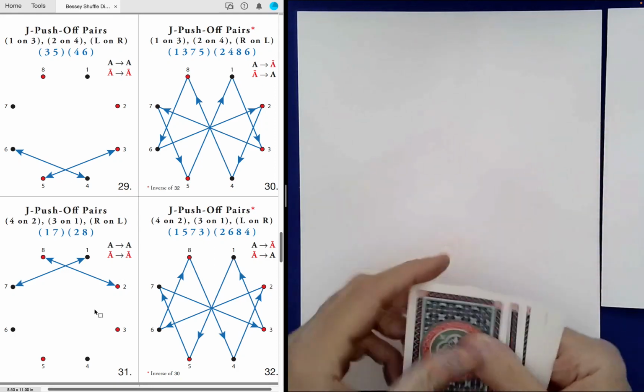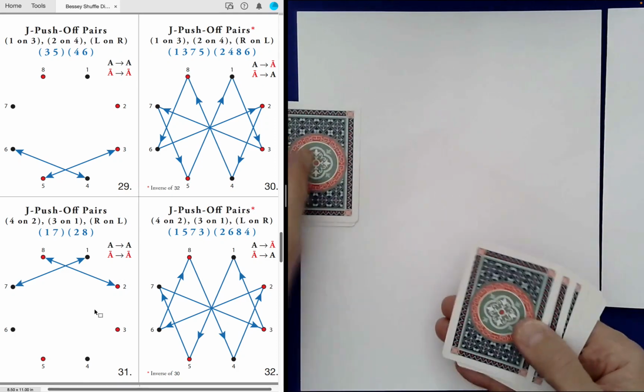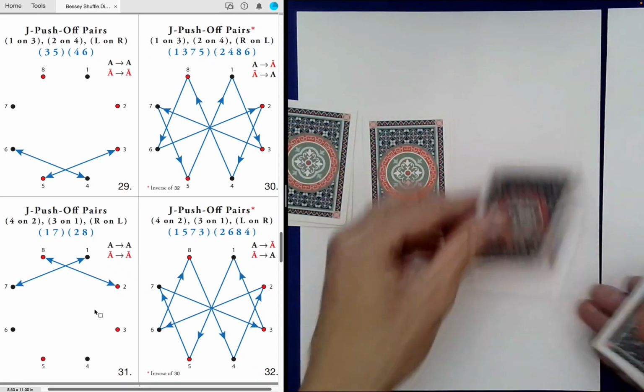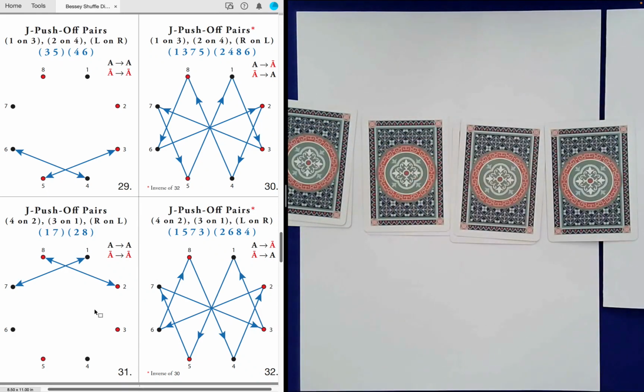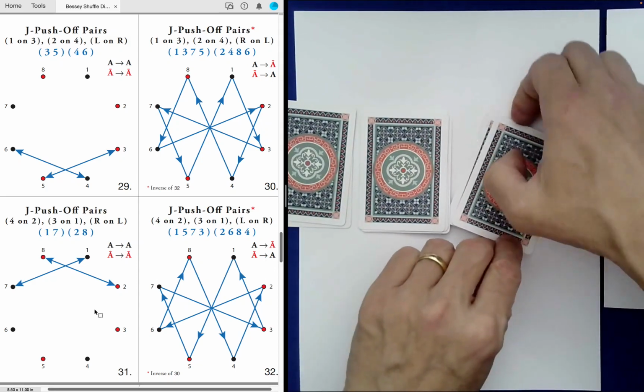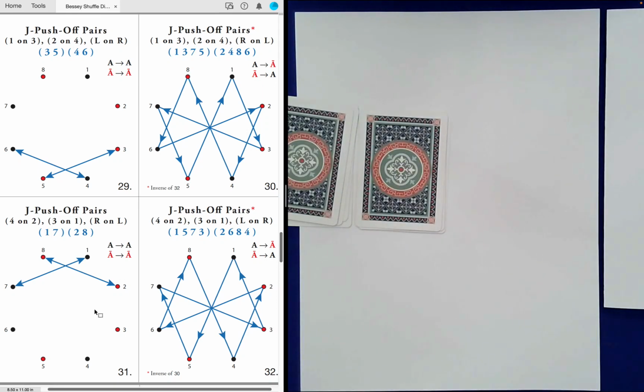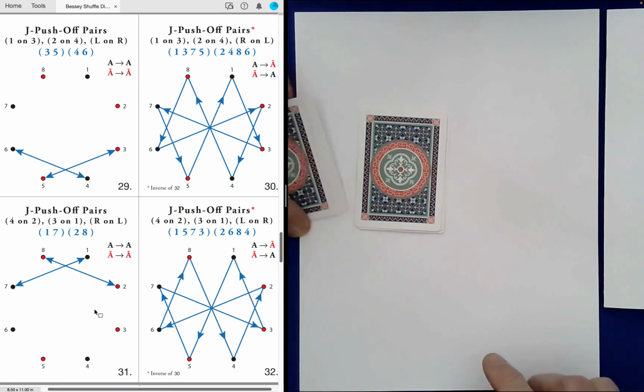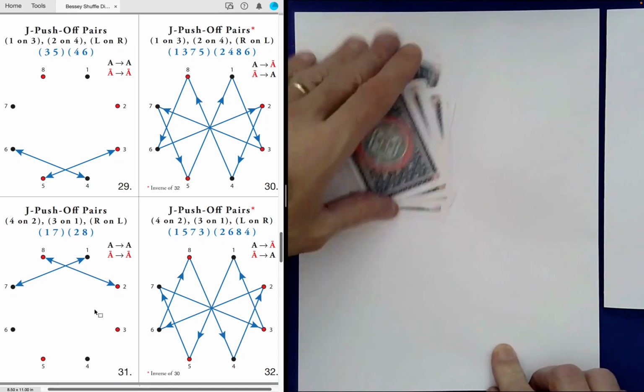32 next? Okay, so I'll push off pairs as before, and so shuffle 32, we're going to stack the fourth pile on top of the second, third on top of the first, and now we're going to stack the left pile on top of the right. Very good.